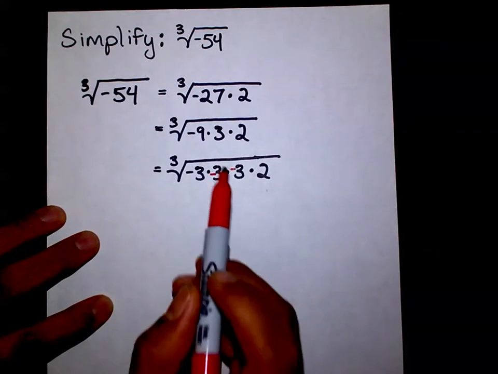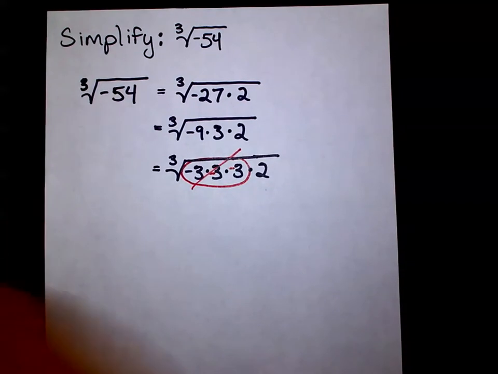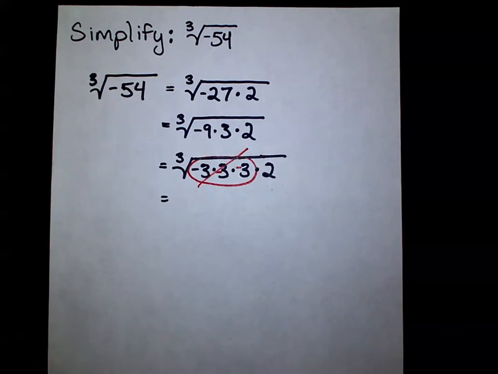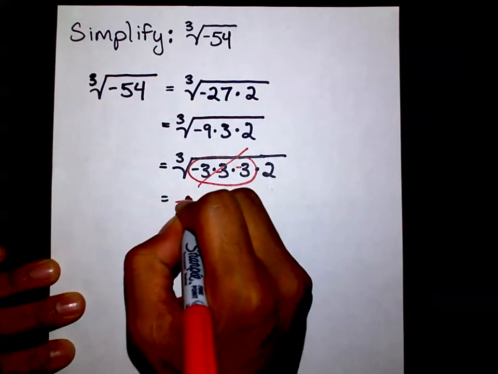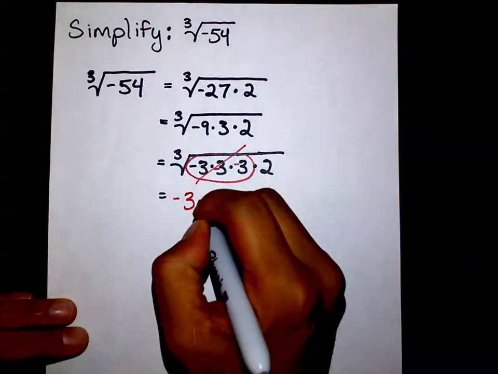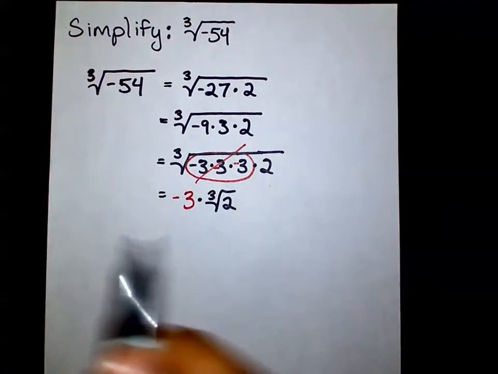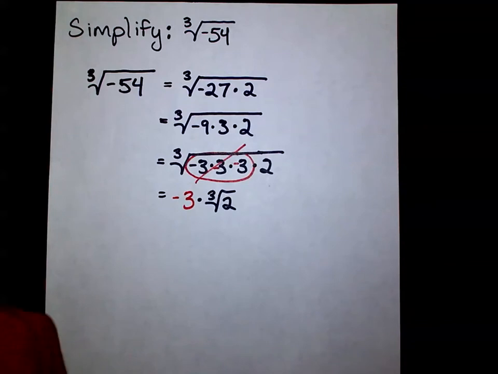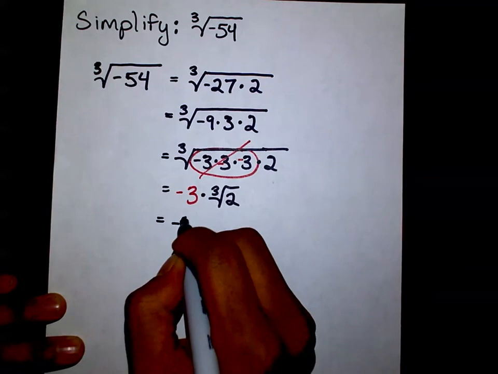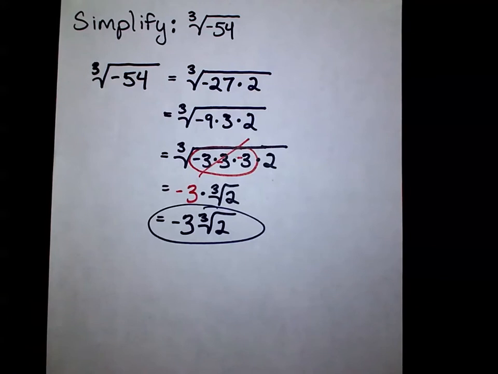Now that I have 3 negative 3's, I'm going to circle them and pull those out, and I'm going to write that as negative 3, and then I have a 2 left under the cube root, so I'm going to write that as times the cube root of 2. Now, obviously, remember we always write our final answer without the multiplication sign, so that's going to give me negative 3 cube root 2. Final answer.